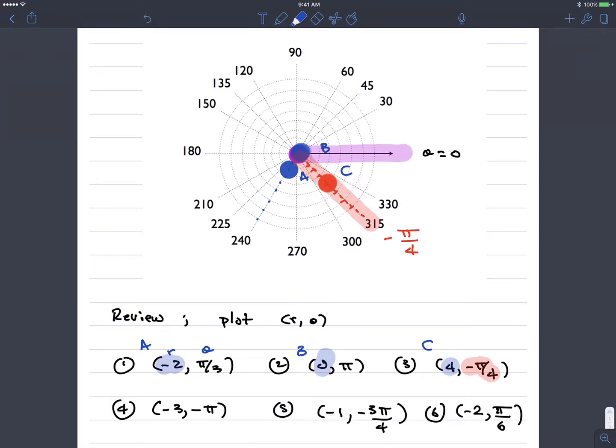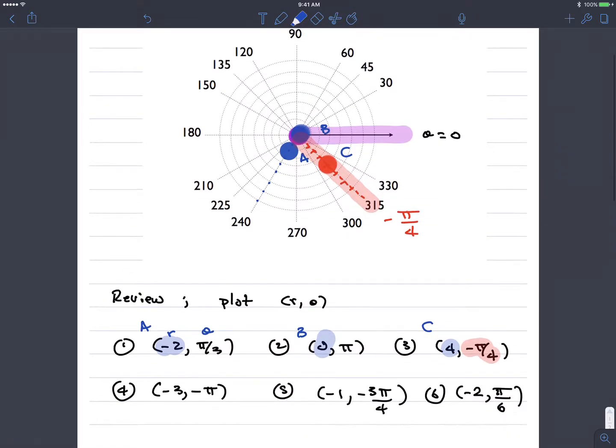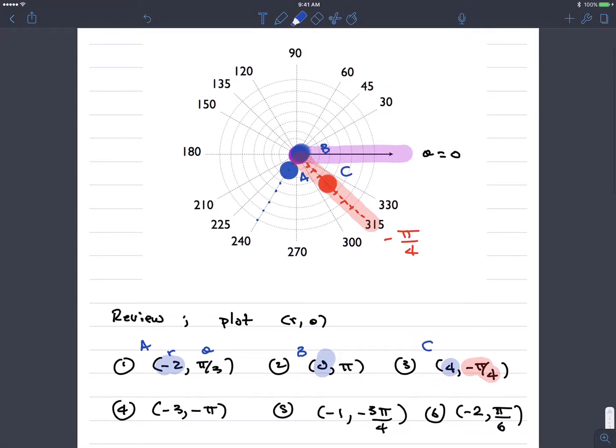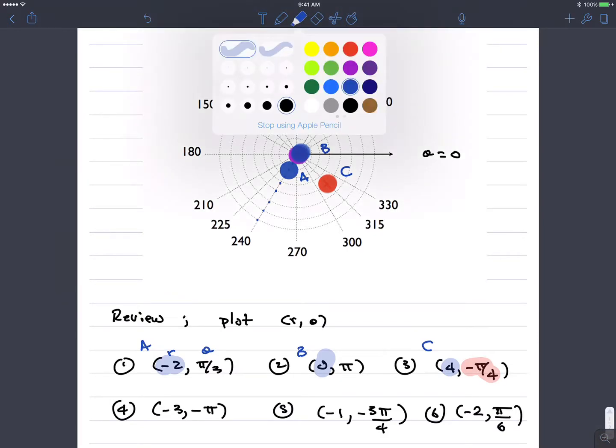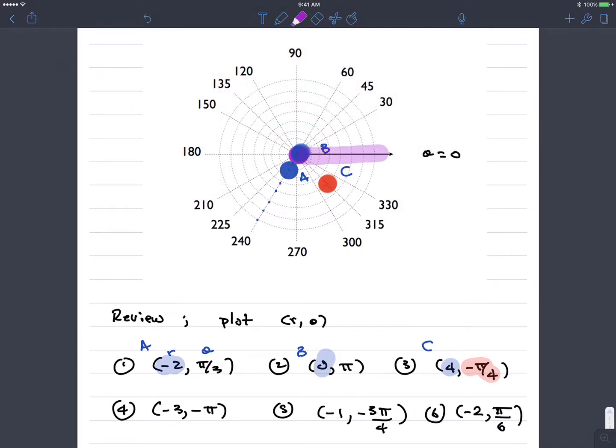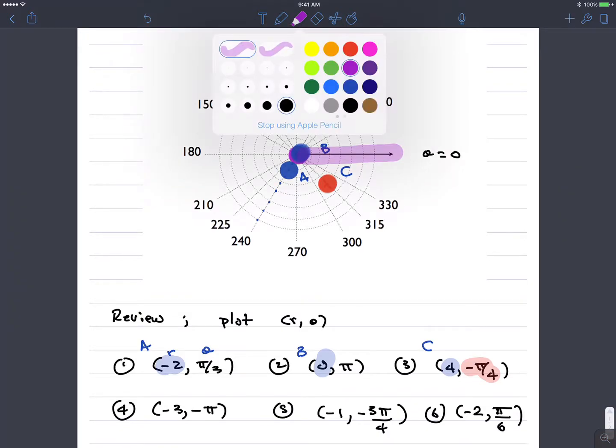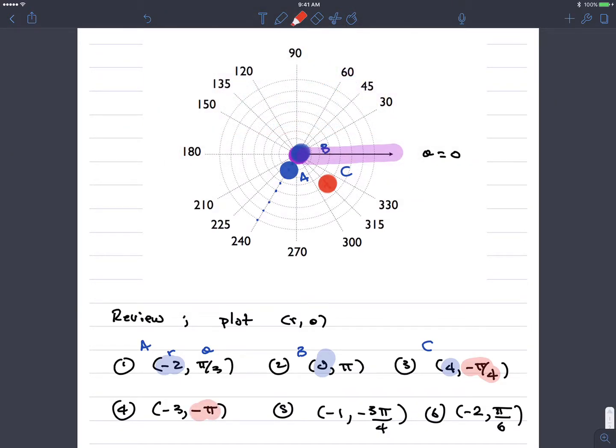All right, now we're going to look for -3 and then it's going to be negative pi now. So I'm going to erase some of this here. Okay, let's keep in mind again, we got our polar axis, angle theta is 0. We're now looking at an angle of negative pi right over here. So here's the deal.